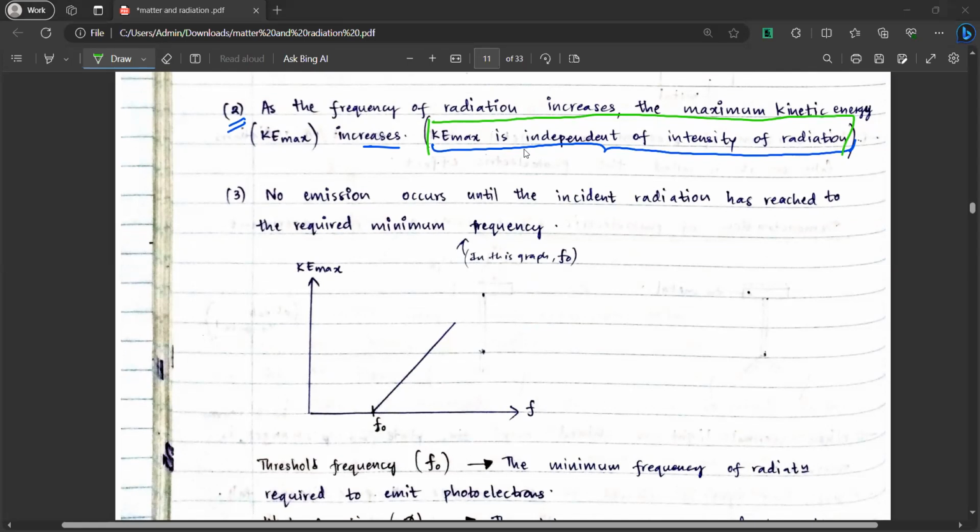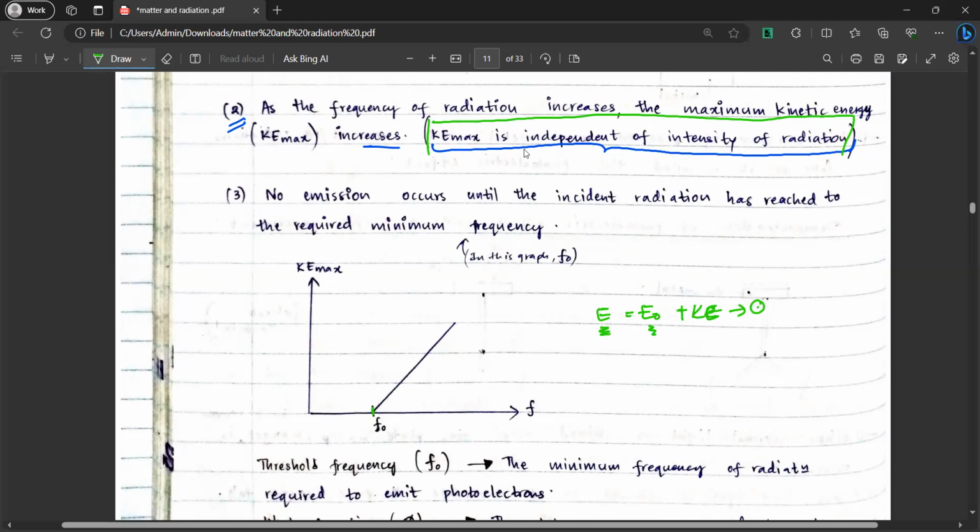So when it comes to the required frequency, let's say required energy is E naught. That means this radiation has only enough energy to emit the electron, and there is no kinetic energy. The kinetic energy is 0. So that is marked here, F naught.